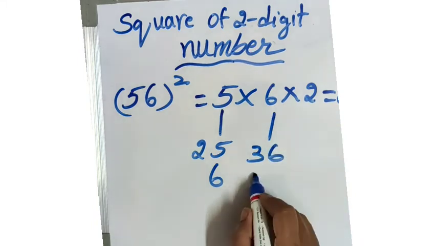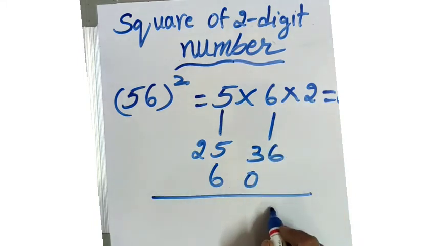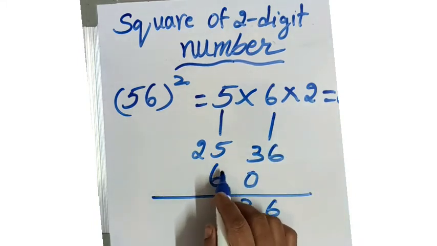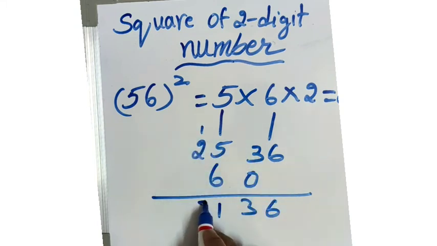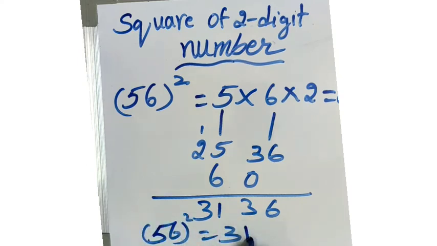Now write down this 60 here and add. 6, 1 1, 3. 3136. That is 56 square equal to 3136. Is it interesting or not? Yes.